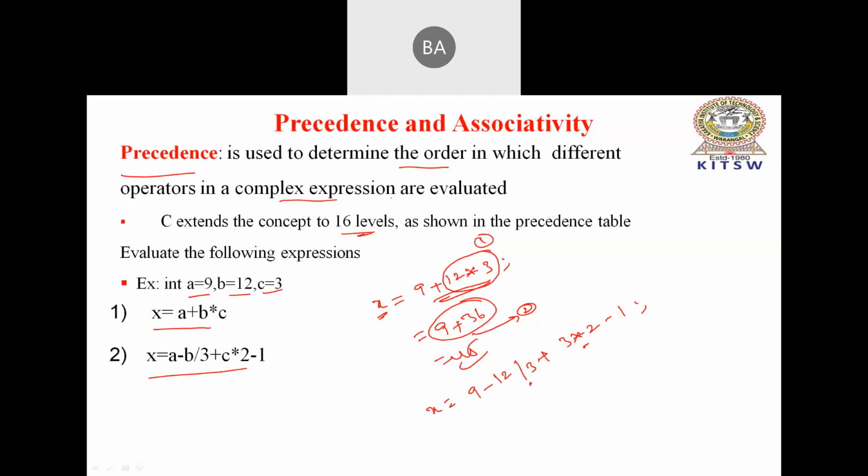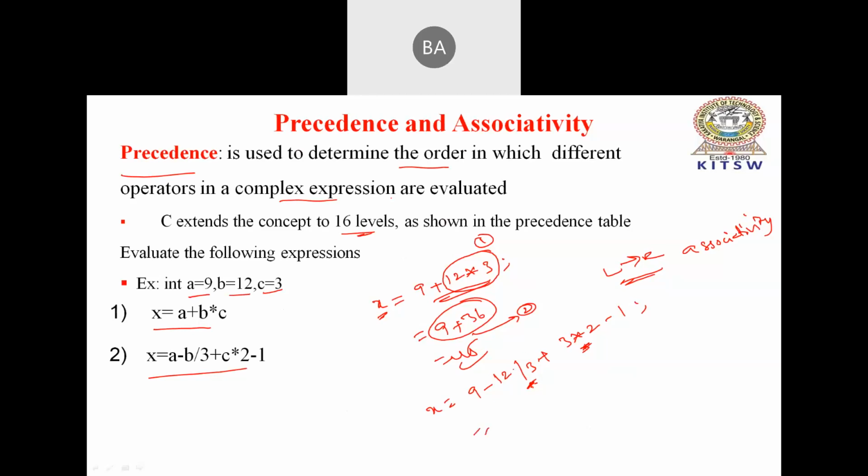Among these, first slash or star will be evaluated, because they have equal priority. Star and slash have equal priority, so we consider left to right. That is called associativity. When equal priority operators are to be evaluated, the associativity is to be considered.